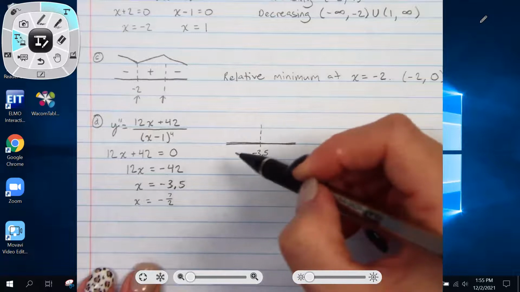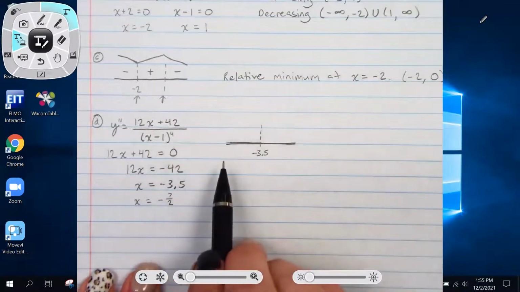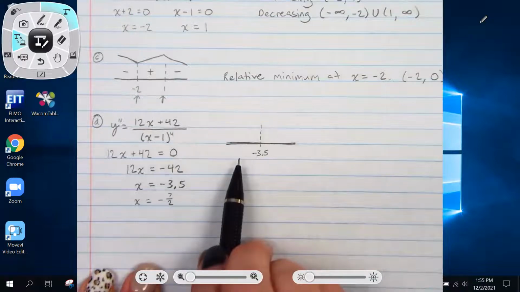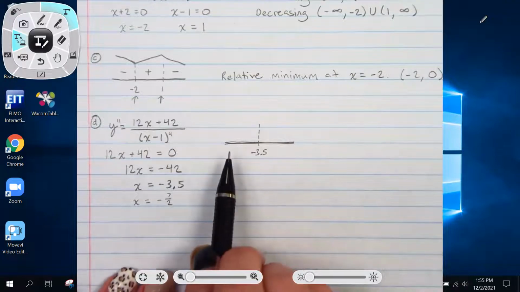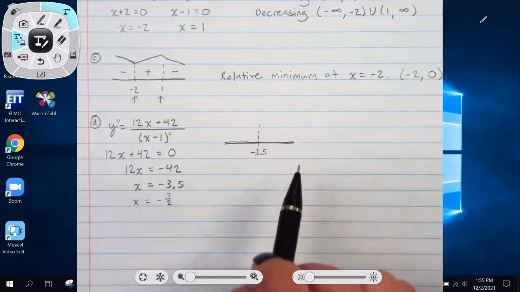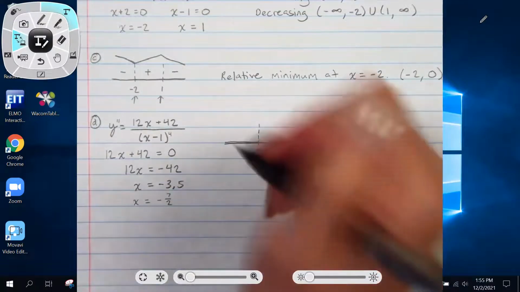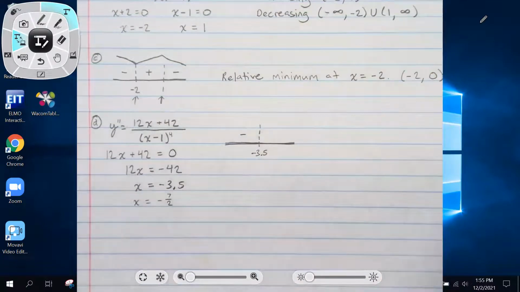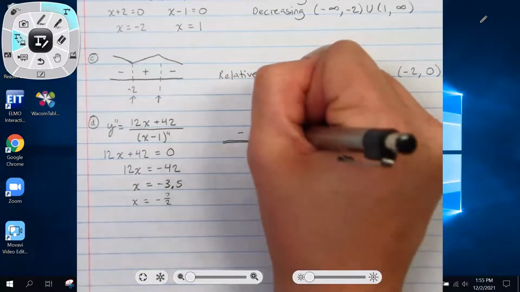So let's test values into the second derivative. If you test a value to the left of negative 3.5, so negative 4, you end up with a negative value. To the right of negative 3.5, you get a positive value.